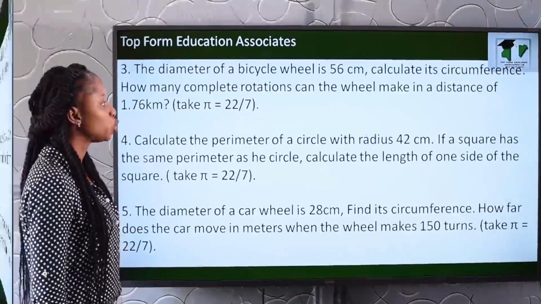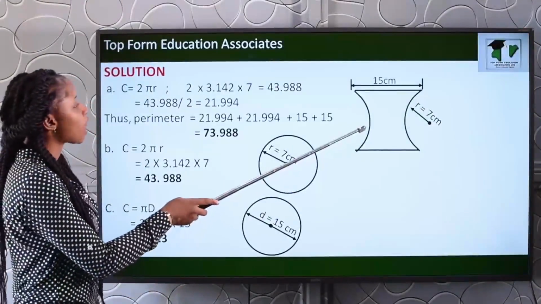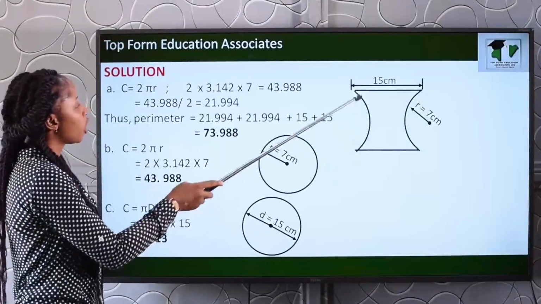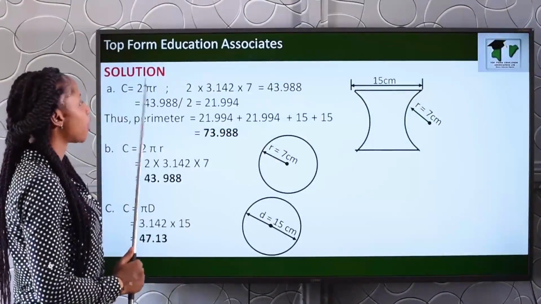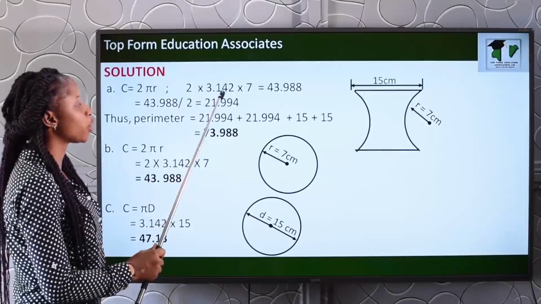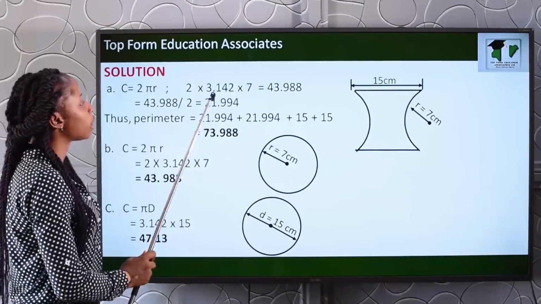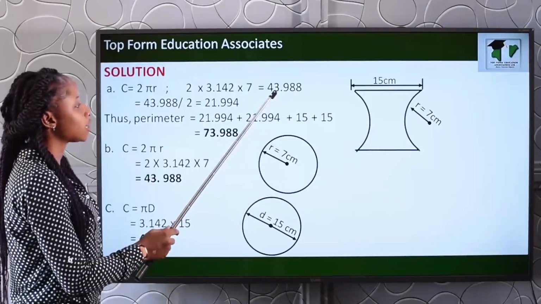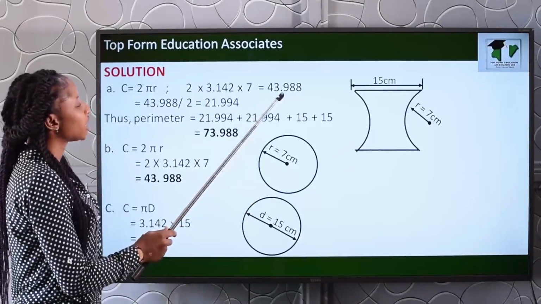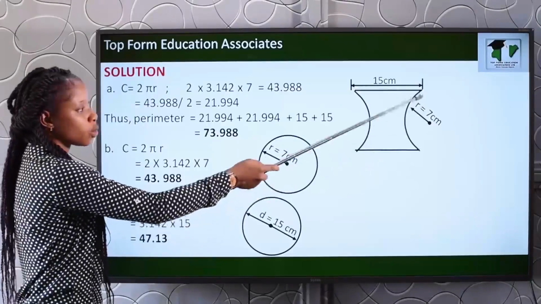Now, the solution. We're asked to find the perimeter of this figure. Okay? Now, circumference or perimeter is equal to 2 pi r. And our pi is given as 3.142. This is the radius. Okay? So we'll put it into the formula and we have this as the answer. We are dividing by 2 because it is a semicircle.